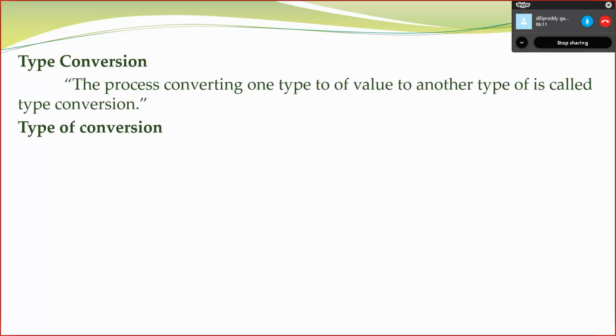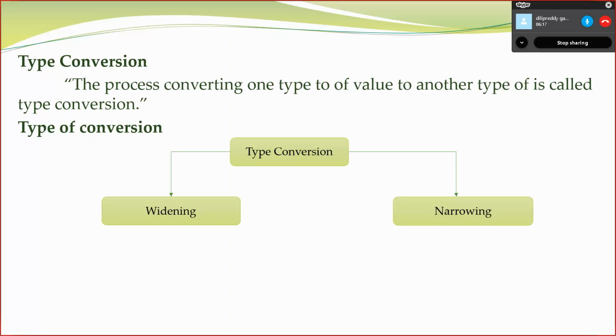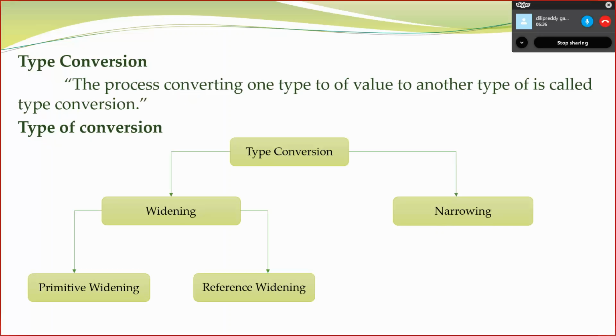The first one integer, short, long, correct? Reference widening means the classes we have, like class A, class B, those are references. Then narrowing, this is primitive narrowing. We'll talk about what we mean by widening and what we mean by narrowing. And then we have reference narrowing.